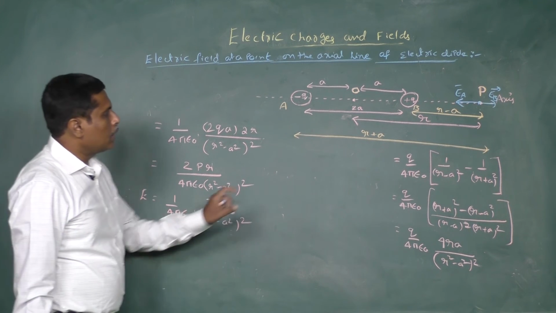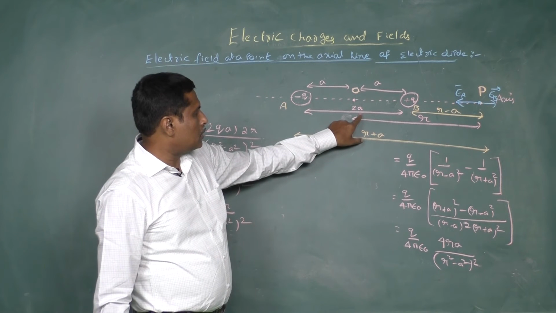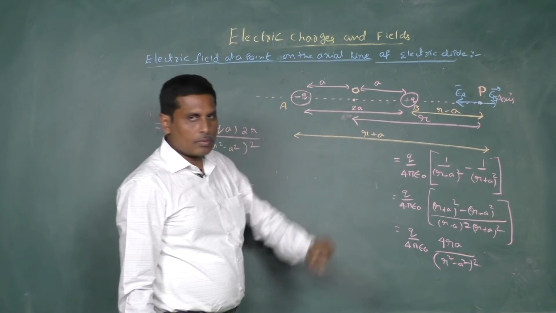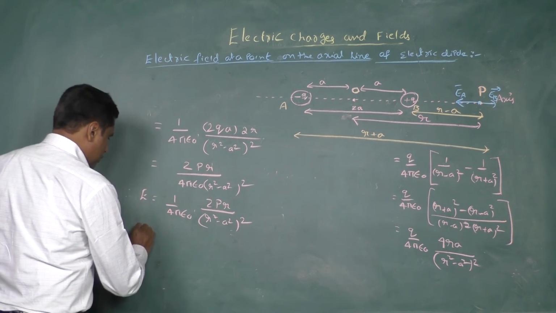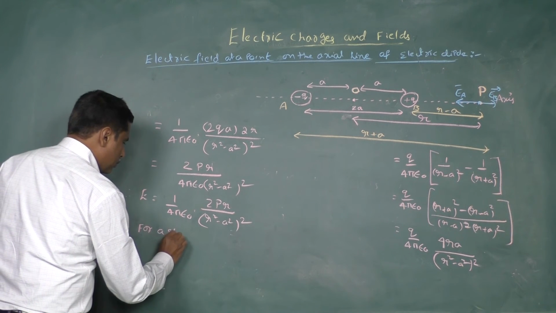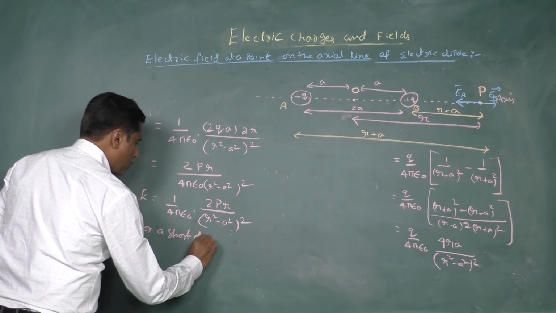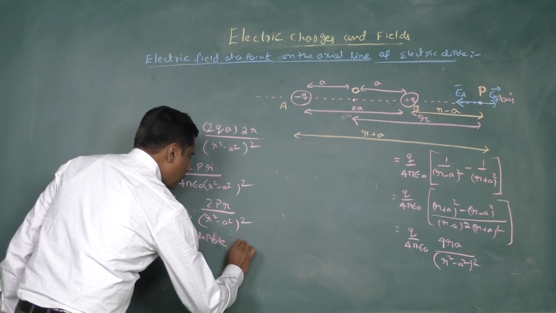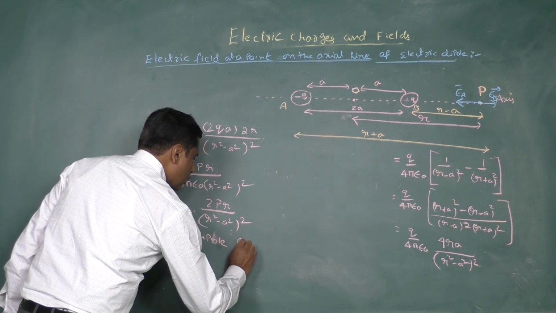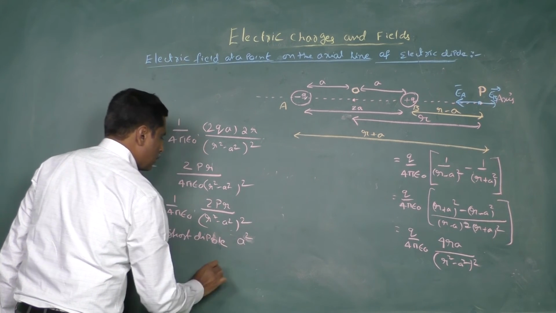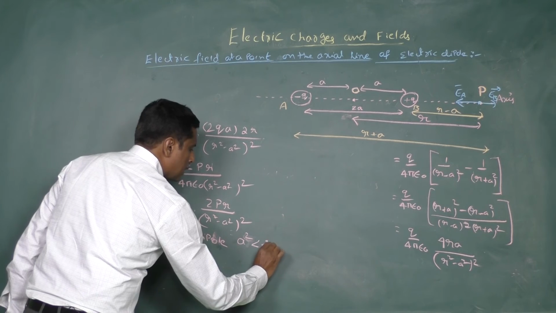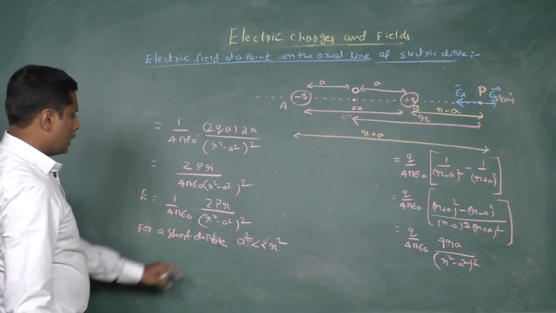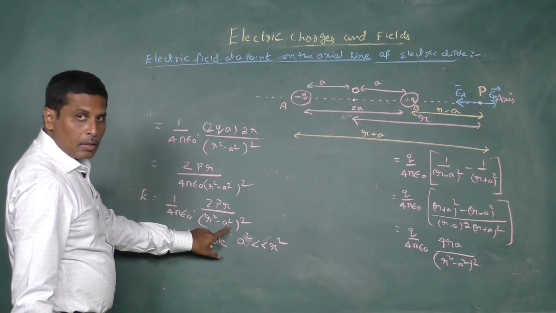Short dipole means here the distance between the two charges 2A is smaller than R. That is, for a short dipole, A square is much less than R square. Then we can neglect the value of A square in the denominator.